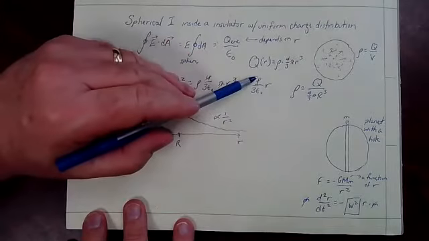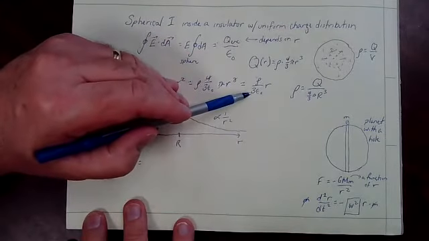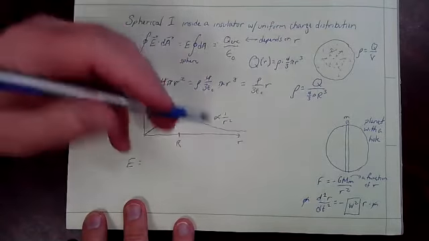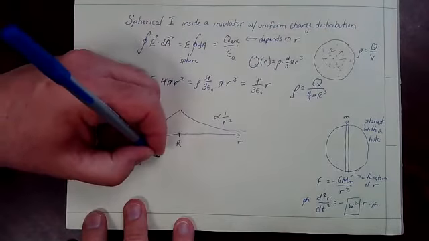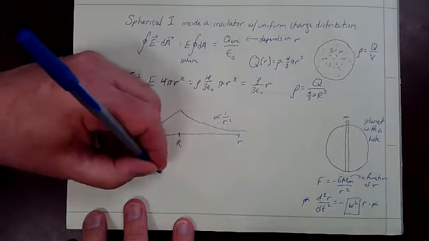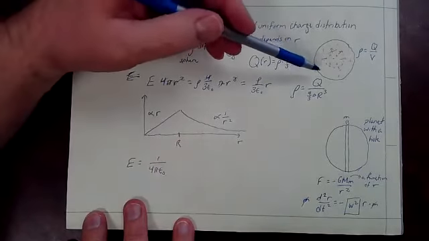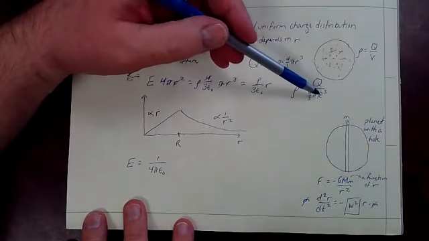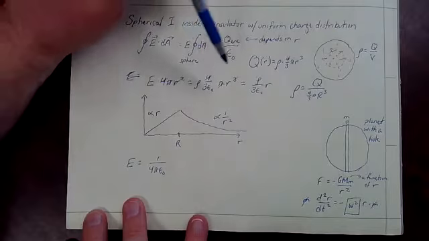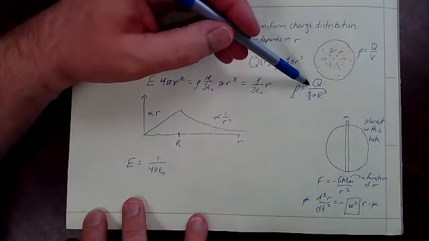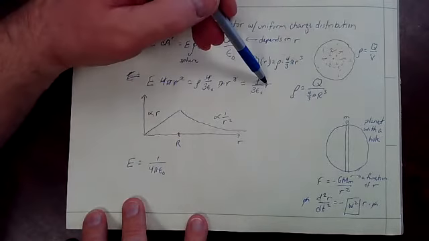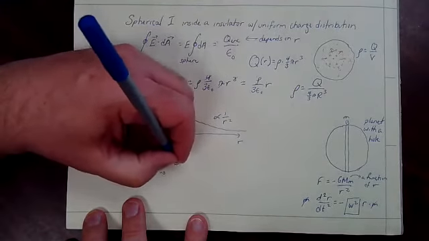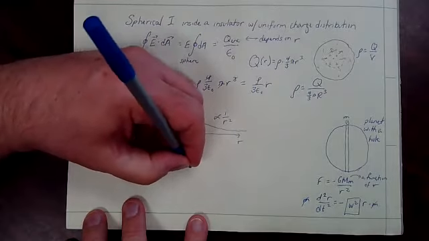The 3 is going to go, and in the denominator I'm going to have 4 pi epsilon naught. Oh, that's familiar, right? So I have 1/4 pi epsilon naught, and I have r cubed and big Q, and I still have an r right there. So this would be 1/4 pi epsilon naught times Q times r over r cubed.